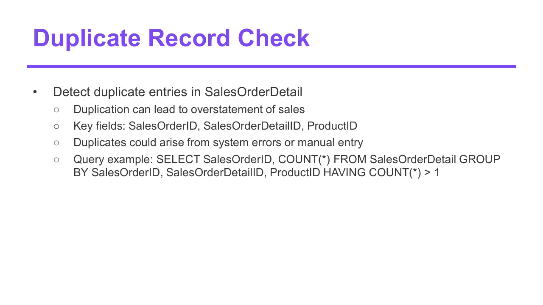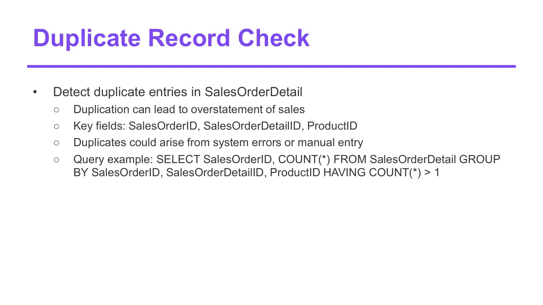In this part, we focus on detecting duplicate records within the sales order detail table. Duplicate entries here can cause sales figures to be overstated, which affects the accuracy of reporting and analysis. The main fields to check for duplicates are sales order ID, sales order detail ID, and product ID, as these uniquely identify each sales detail line.